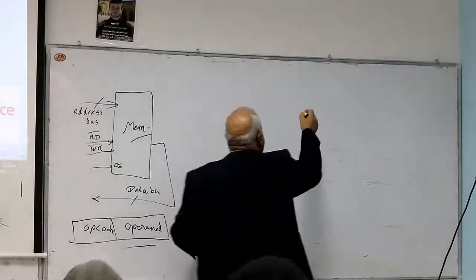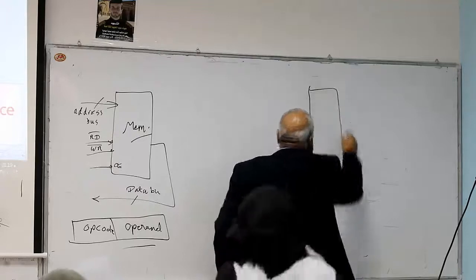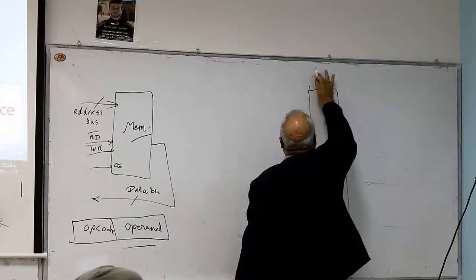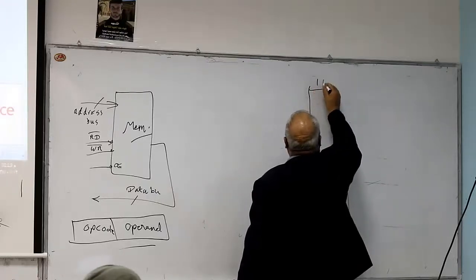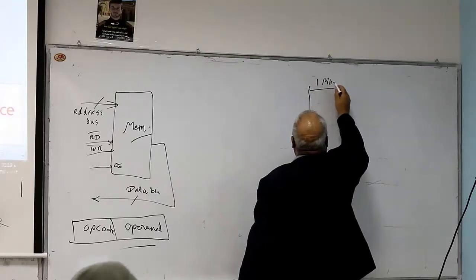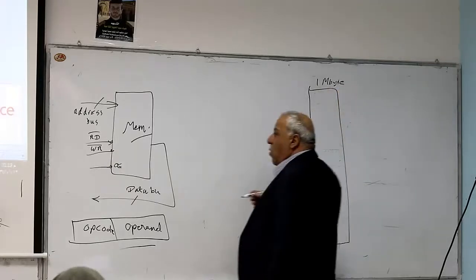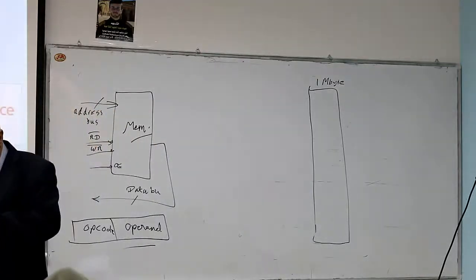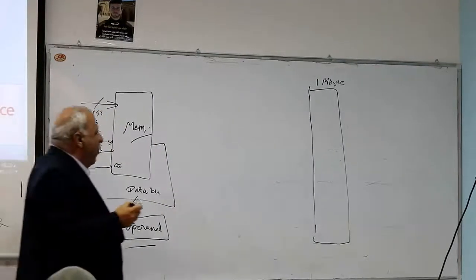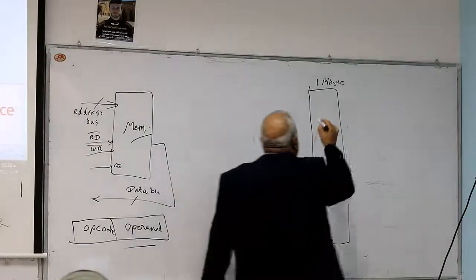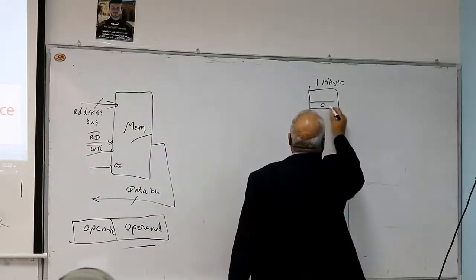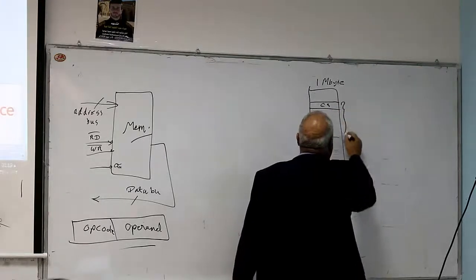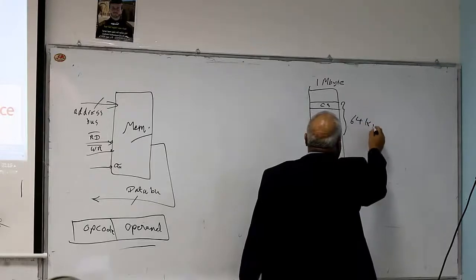If you have a memory like this, a one megabyte memory, we may start the code segment here, and it occupies 64 kilobytes.